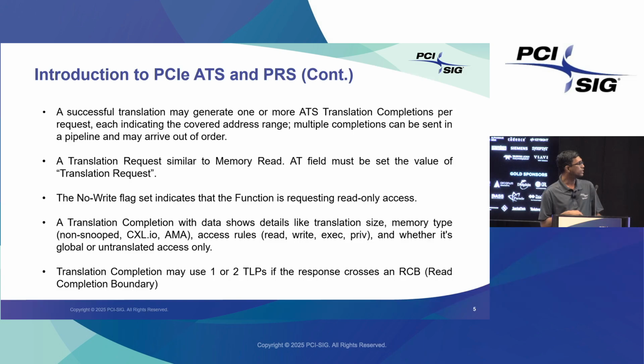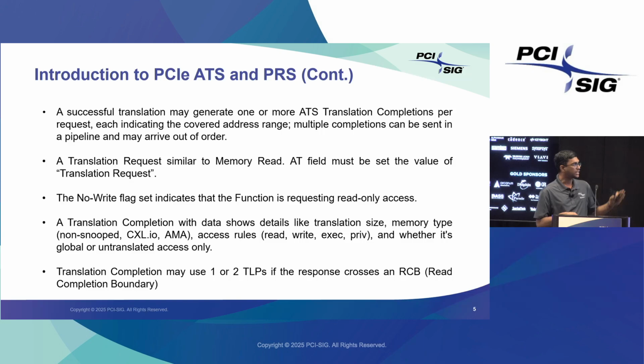This feature is very useful: if the device wants only read access, we can set the no write flag to 1. It's a very important feature because there is no need to make that page writable in the TA, it just gives read access.